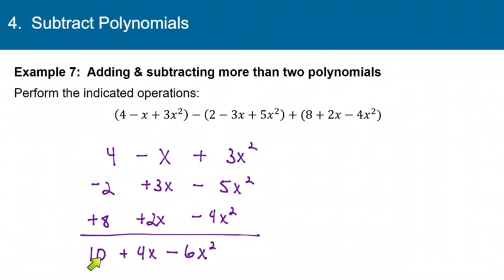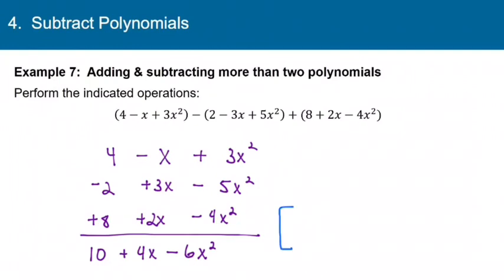So here is our polynomial, and notice that this one is not written in descending order. This one actually has the terms backwards from descending order. So it starts with the constant, then it has the x term, then it has the x squared term. There's nothing wrong with having the polynomial in ascending order instead of descending order, but most of the time we do have them in descending order.